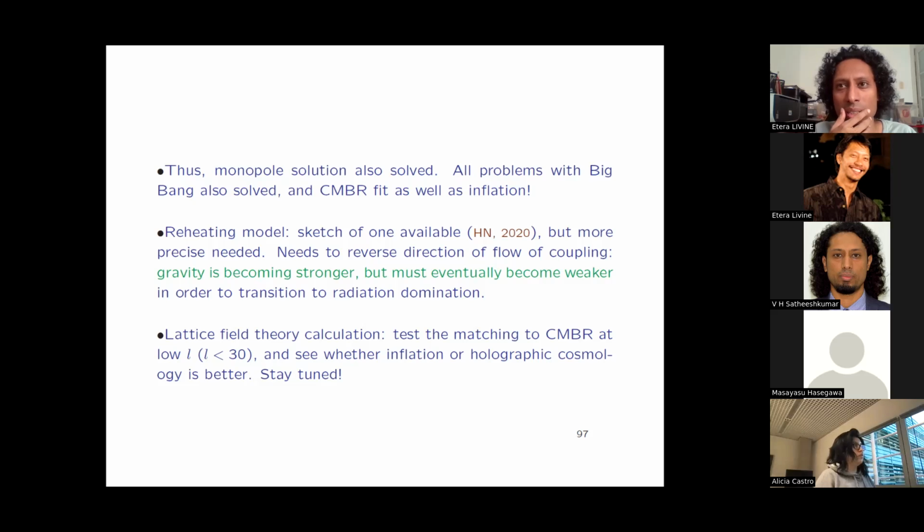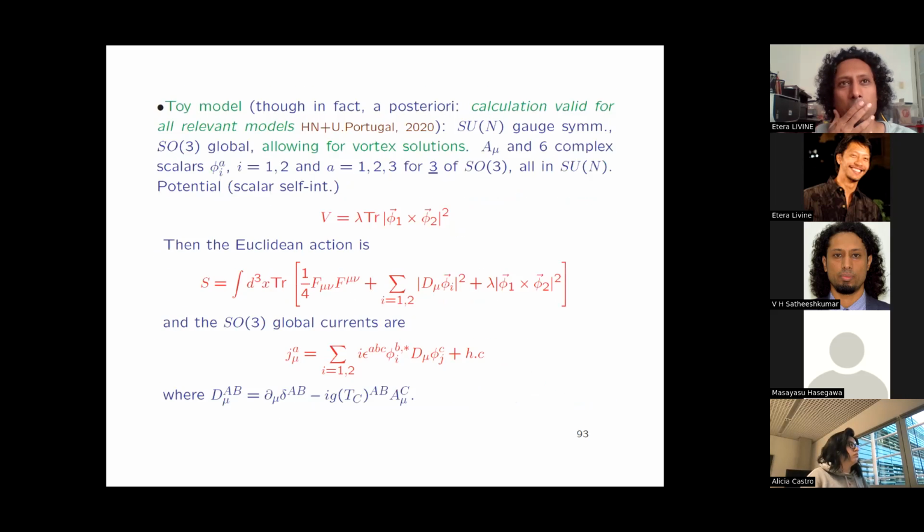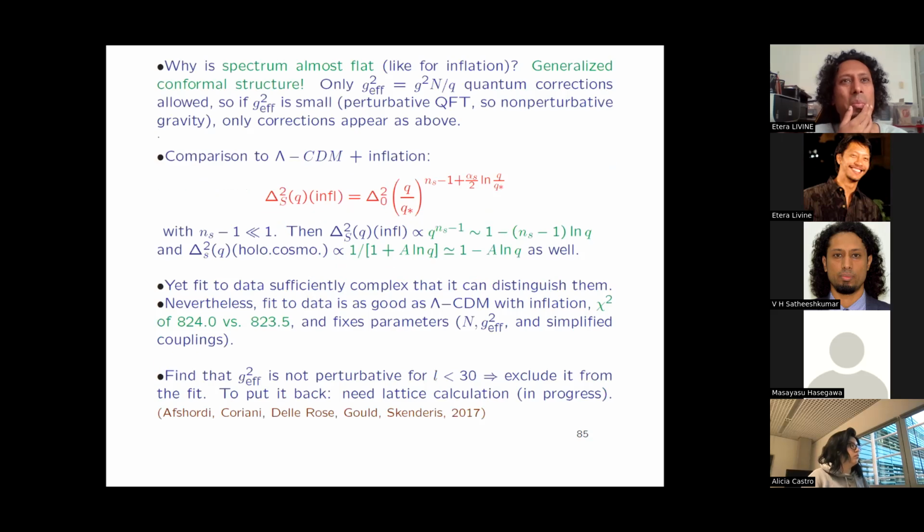I think Horatiu mentioned that they also talk about the Planck data and holographic cosmology. I guess these chi-square values come from that paper. Yes, this one. That's correct, 2017, exactly.